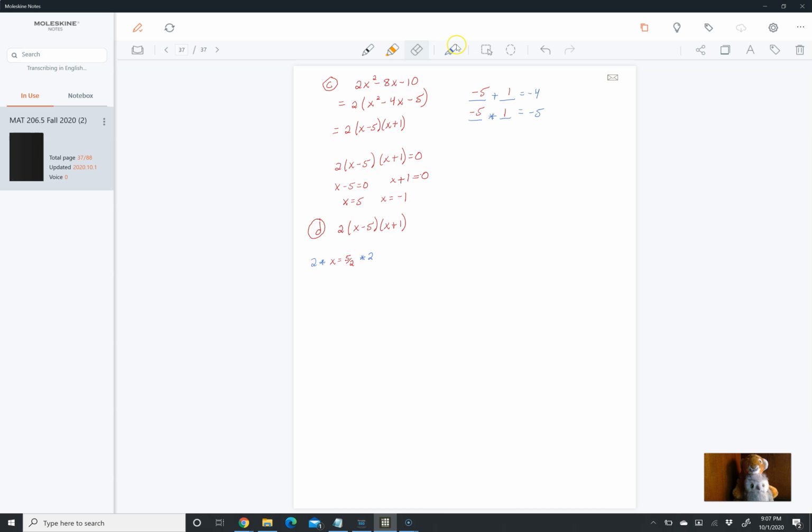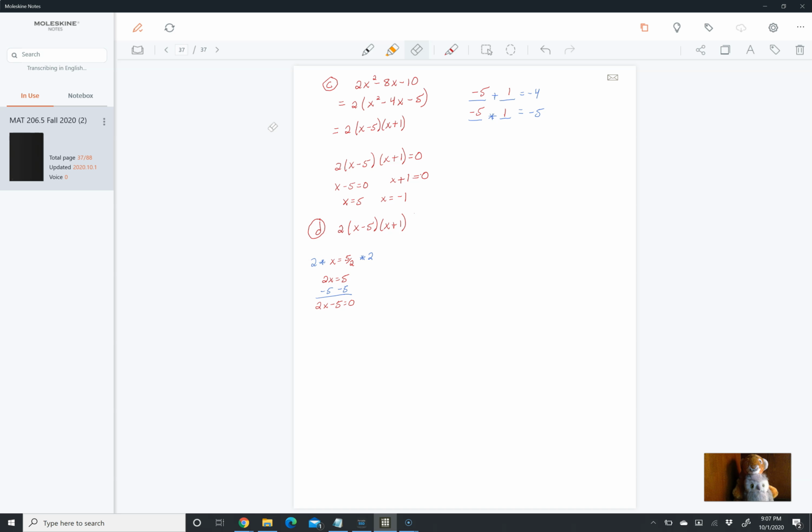Okay, this gives us 2x is equal to 5. And then we can subtract 5 from both sides, giving us 2x minus 5. This is the neater way of doing it because our polynomials should not have fractions.